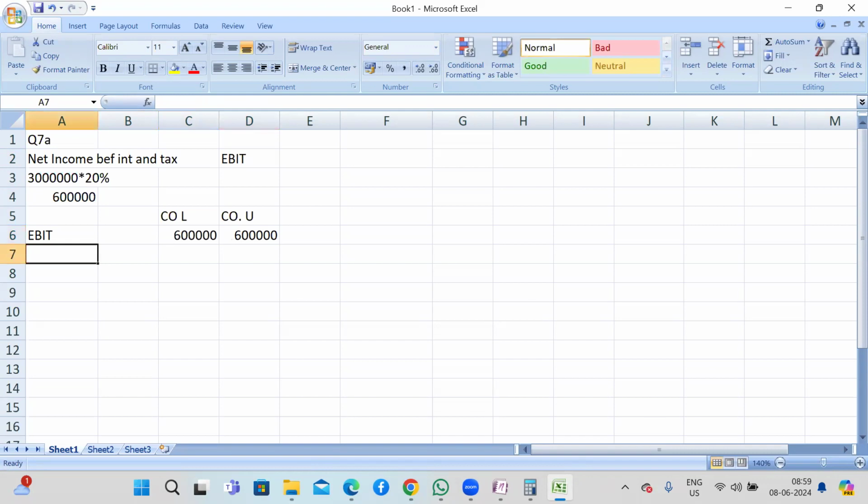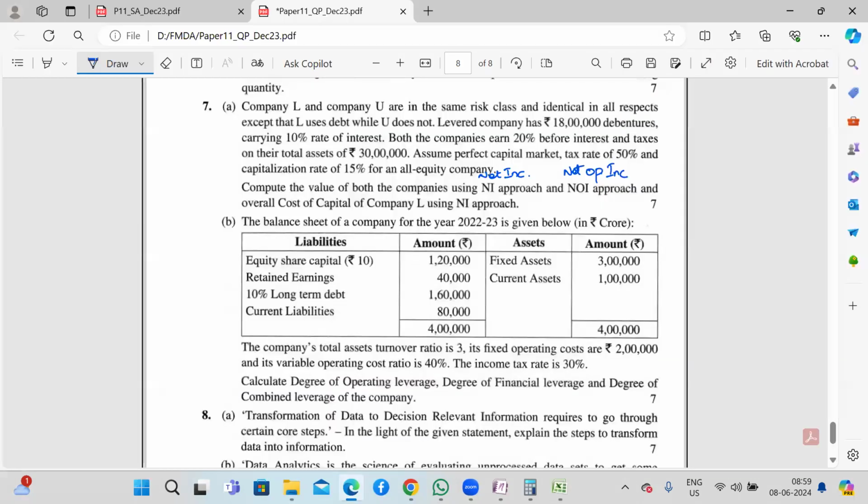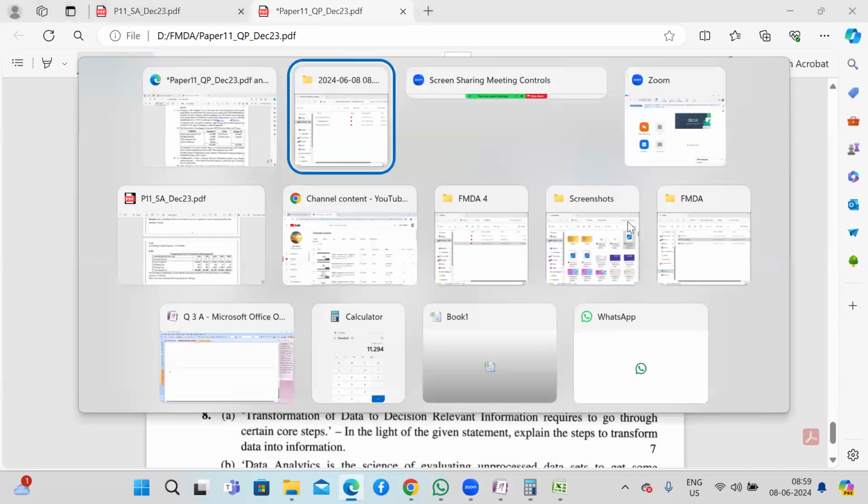Then I am calculating interest. Less interest. Interest will be applicable only for the levered company, because the levered company will be having interest, and for the unlevered company there is no need to pay interest because there are no loans at all. So I need to calculate the interest amount. How much debt do I have? 18 lakhs, and on that I have to pay 10% as interest.